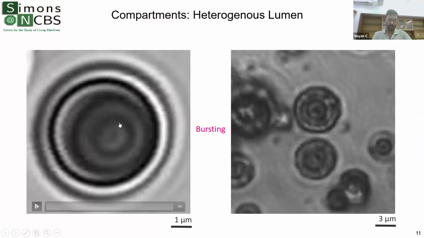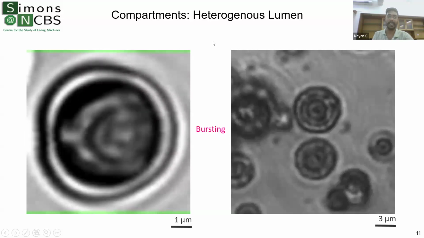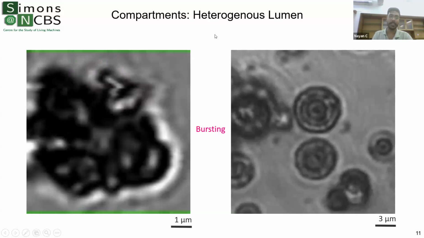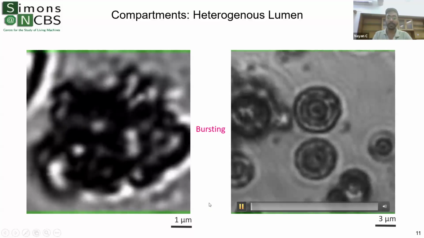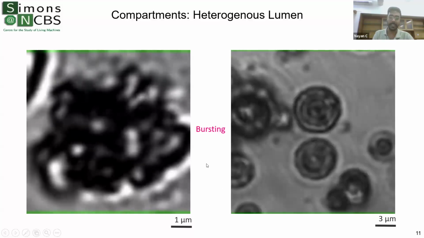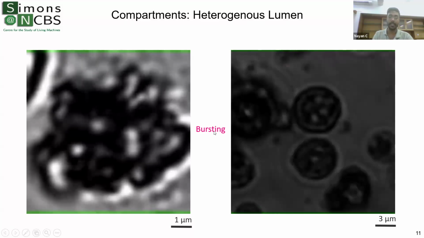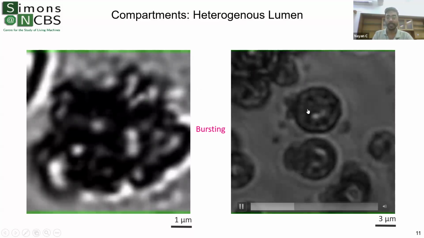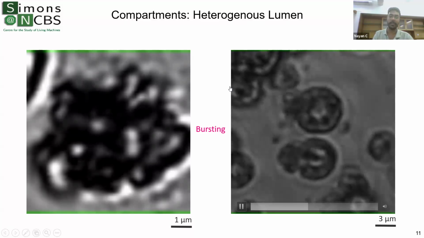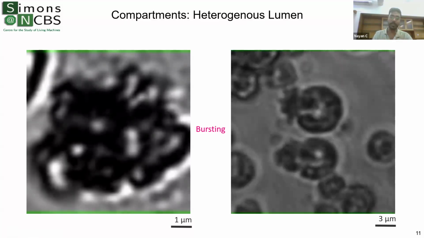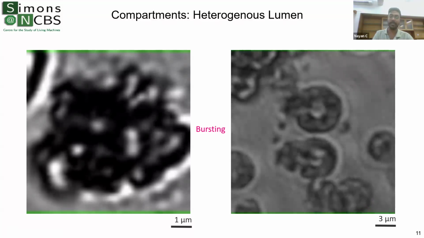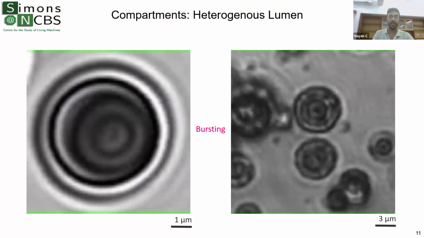Further, high resolution bursting experiments in an aqueous environment revealed their liquid-like nature, in which we can expel their heterogeneous lumen locally by perturbing them with lasers in order to burst them. As you can see, they ooze out the liquid material from inside them. So yes, they do have a boundary with a specific heterogeneous interior, which is separate from the bulk solution outside.